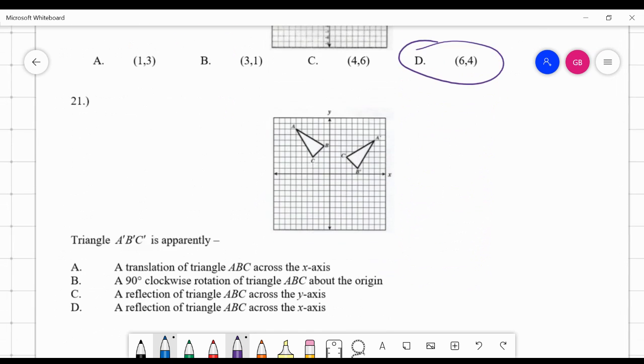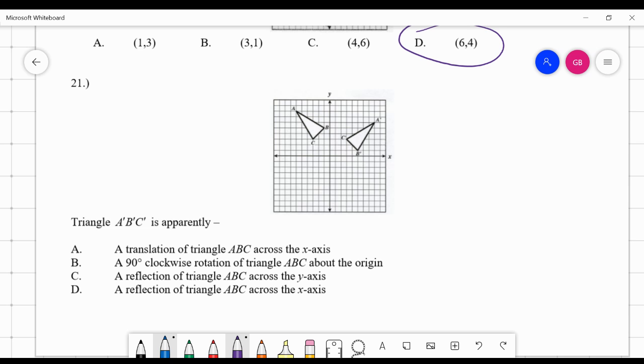Okay. And I think this is the last one, number 21. Triangle A prime, B prime, C prime is apparently what? Okay. I'm going to use elimination to help me out. It's definitely not a translation because we didn't just simply move the figure.